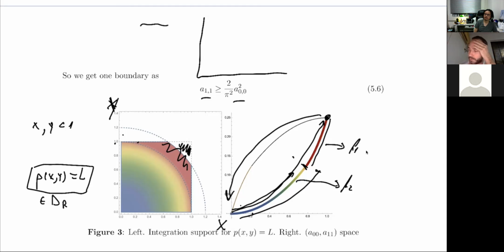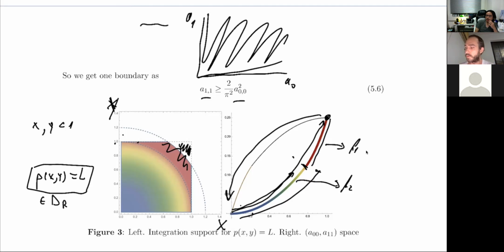Sorry, there's many confusing things. The problem is if you have an infinite number of elements, then in principle you don't get any bounds. So the plot, like A1 versus A0, anything here.